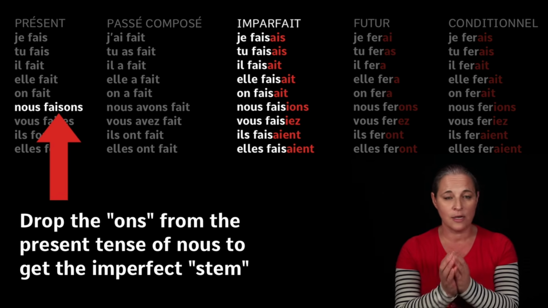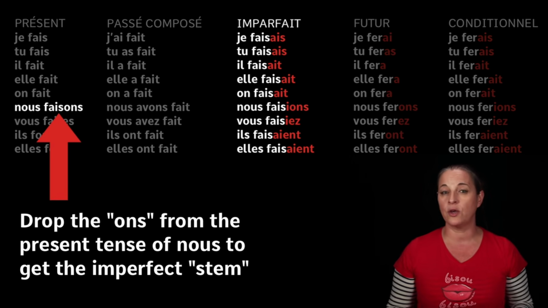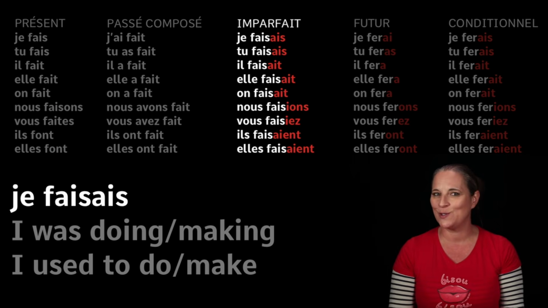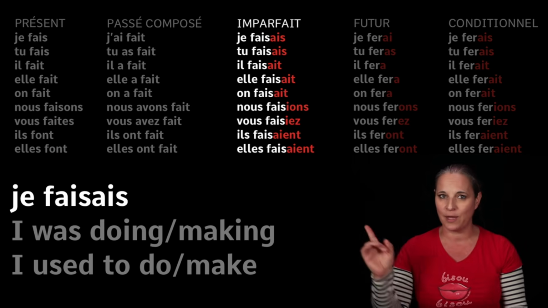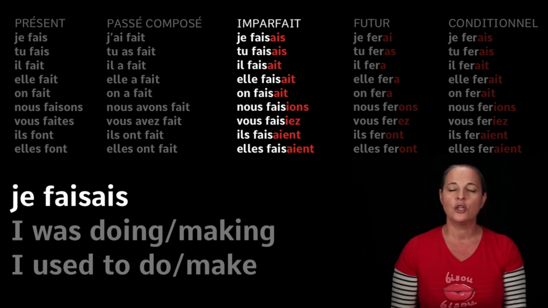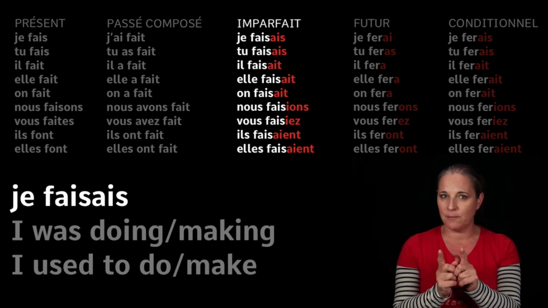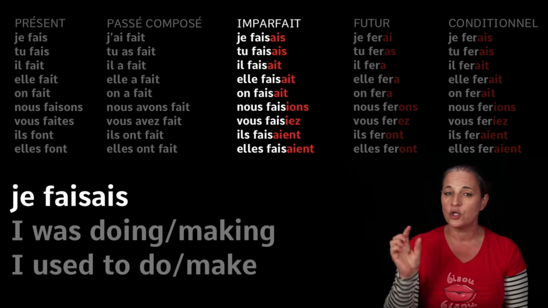So we use that for je. So we are going to learn now in the imperfect tense how to say I was doing or I used to do. Remember, though, in English you can say both, in French you do it only one way, and this is this way. Je faisais. See what we've done? We're using the stem of the nous form of the present, and we're putting it into the imperfect. So, je faisais.